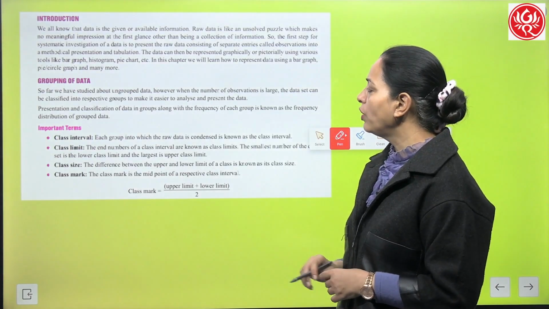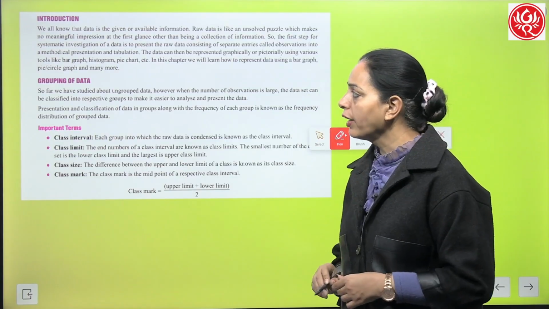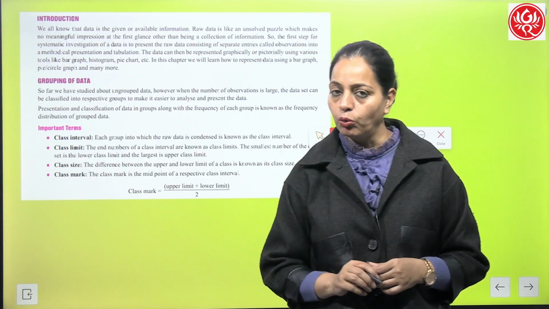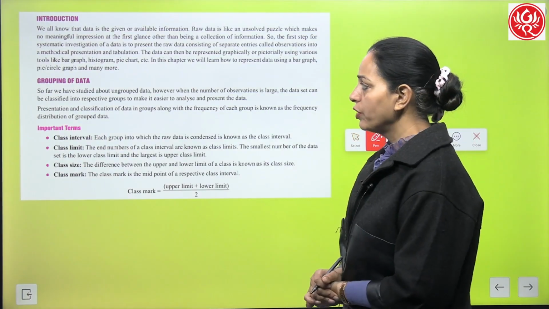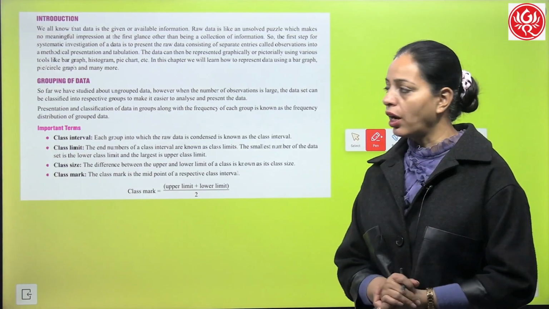In this chapter, we will learn how to represent data using a bar graph, pie or circle graph, and many more. Now, grouping of data. So far, we have studied about ungrouped data.